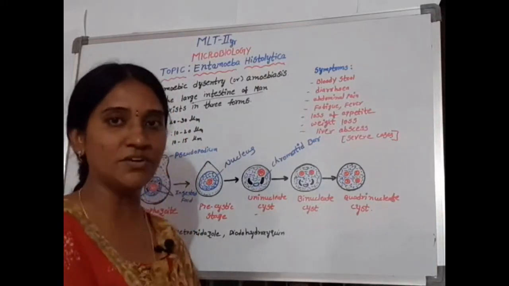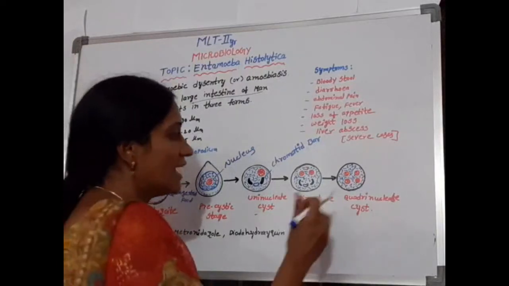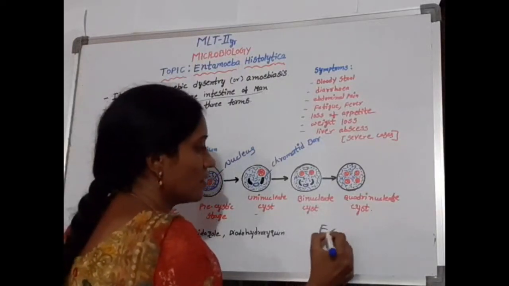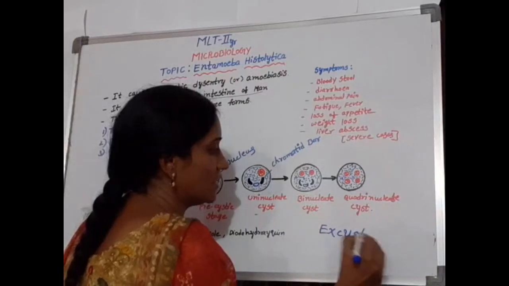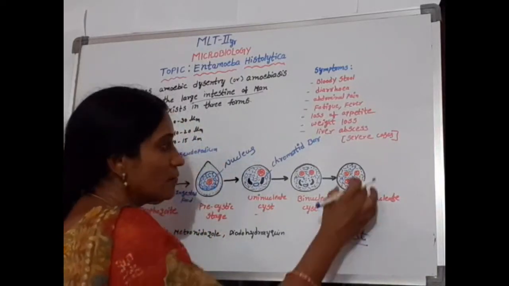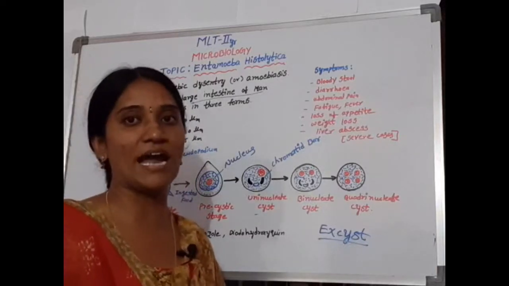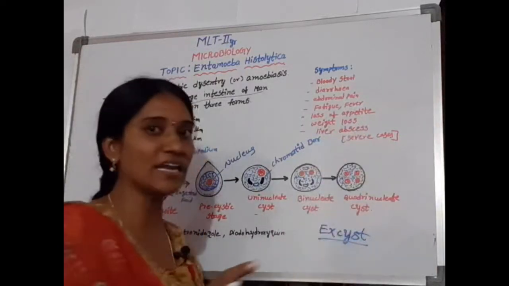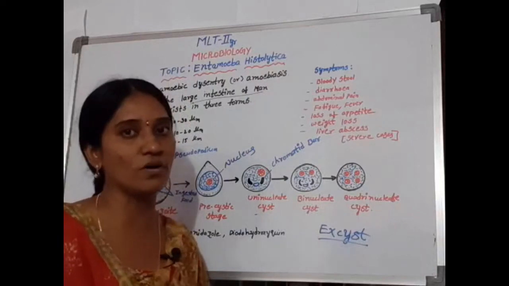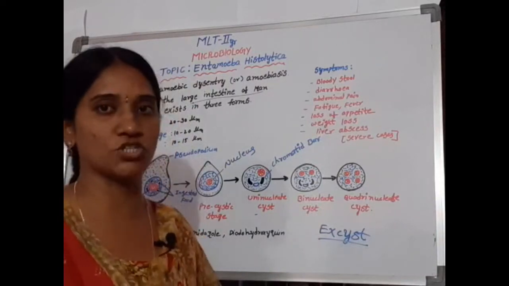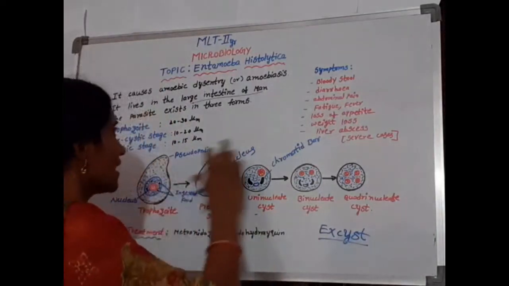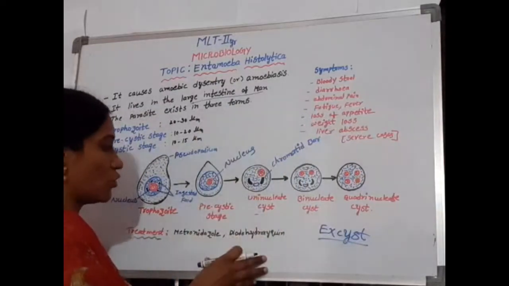After entry of the cystic stage, excystment occurs, which means the cyst walls split and break. The nuclei enter the intestine and form new Entamoeba histolytica. This is the life cycle of Entamoeba histolytica.